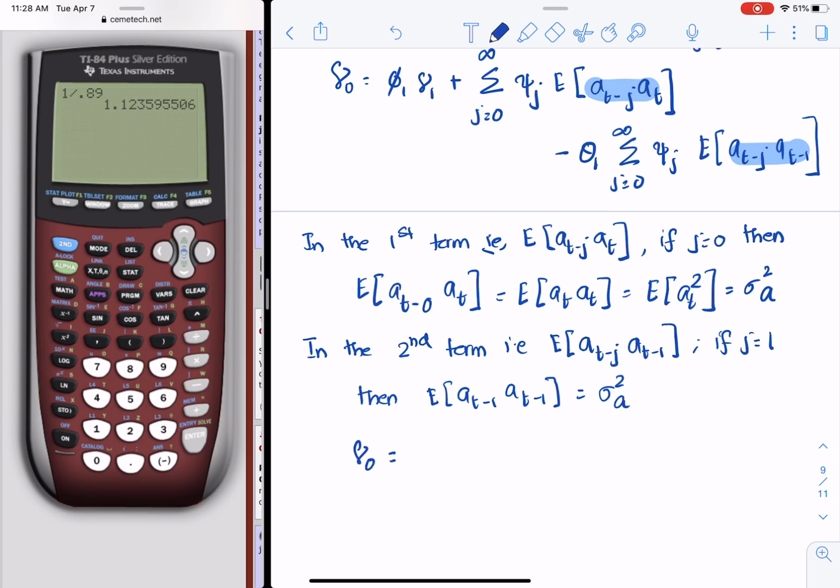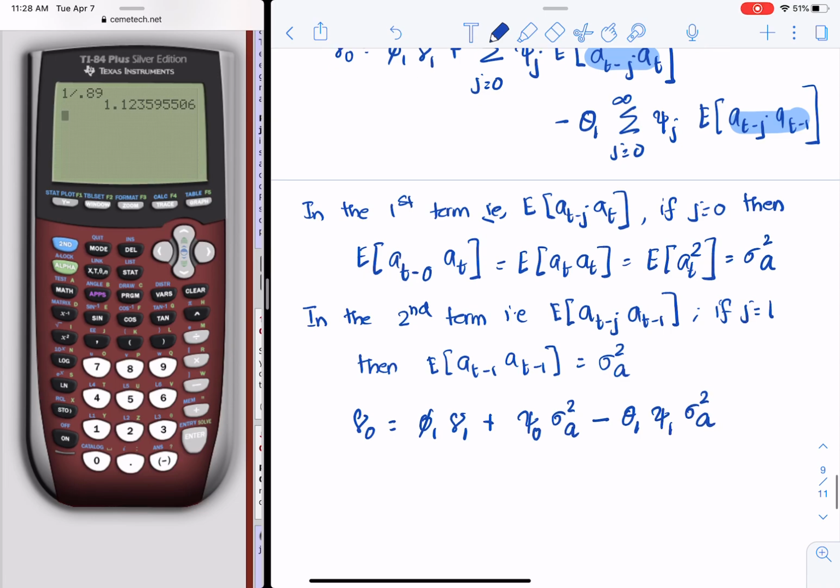So we will have phi 1 gamma 1 plus the first term, which is equal to sigma squared a only when j is 0, so we have psi 0 sigma squared a. The second term is equal to sigma squared a only when j is equal to 1, so we have theta 1 psi 1 sigma squared a.